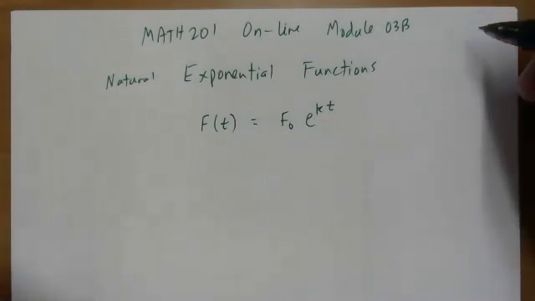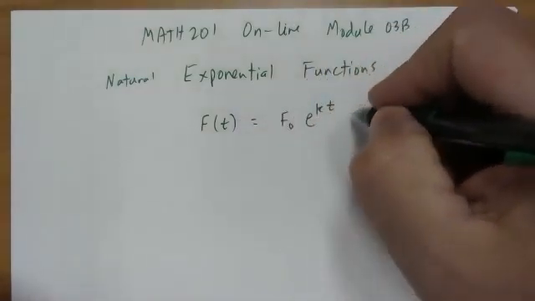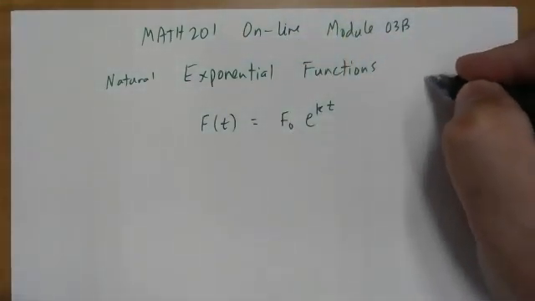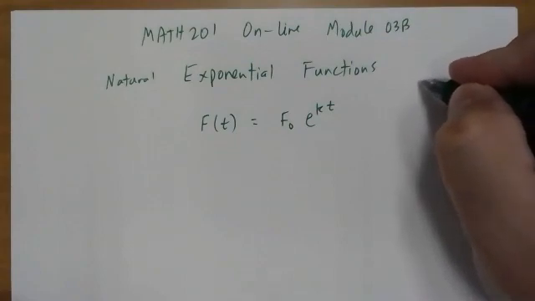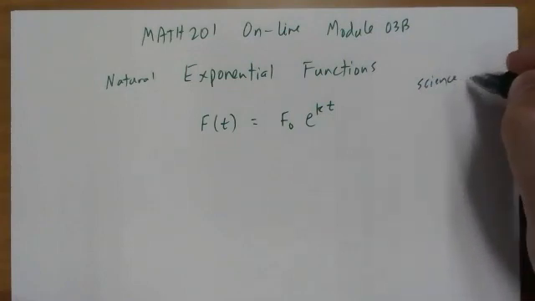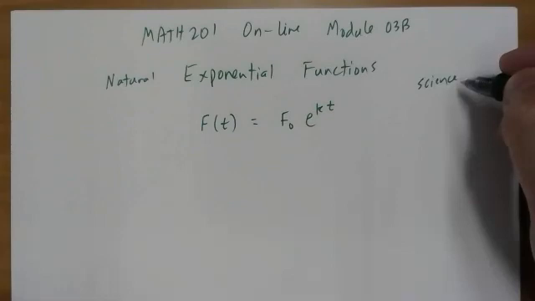There's a whole list of different kinds of problems that use this natural exponential function. First, there's science. You'll see some biology problems where you're looking at bacteria growing, or the amount of medicine in your body, how it's decreasing and how we're tracking it.